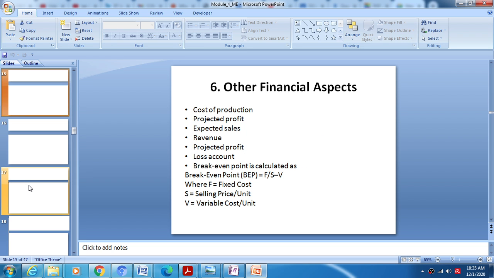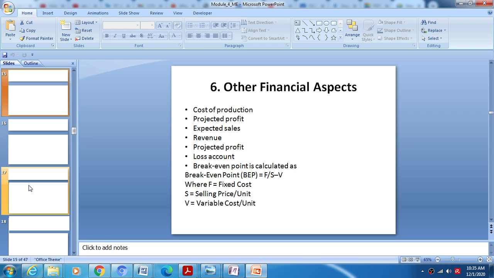The next one is other financial aspects. Okay, so what are the other financial aspects? The first one is cost of production. For example, you're producing 100 units of a product in a day. Now, what is the cost of every product that you have produced? Okay, what is the cost of production of each unit?